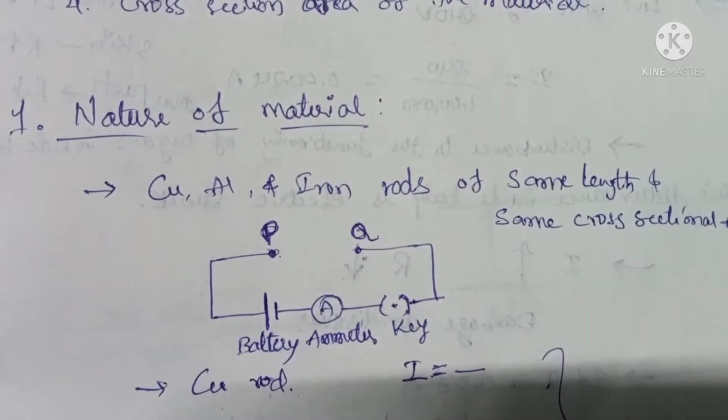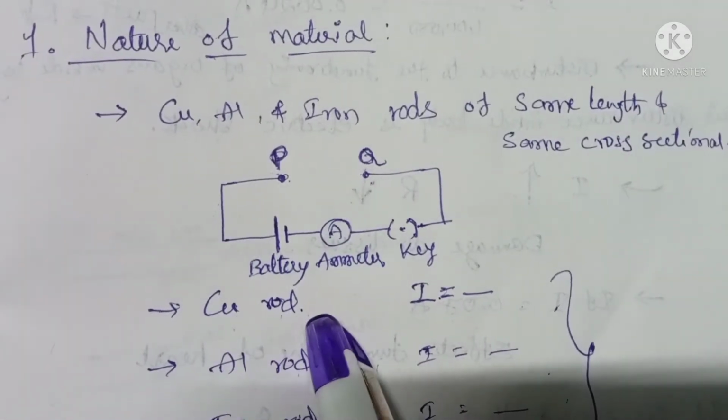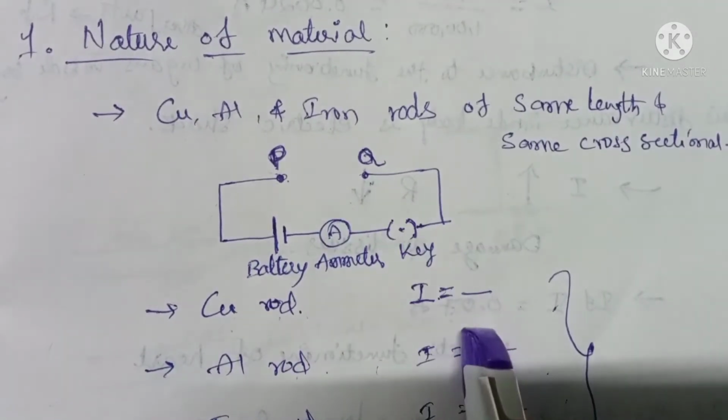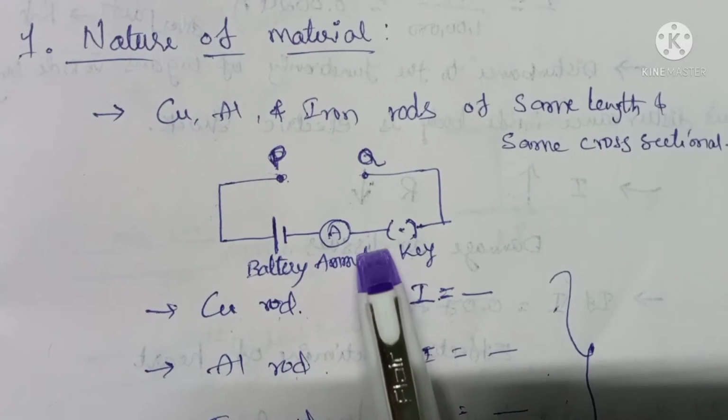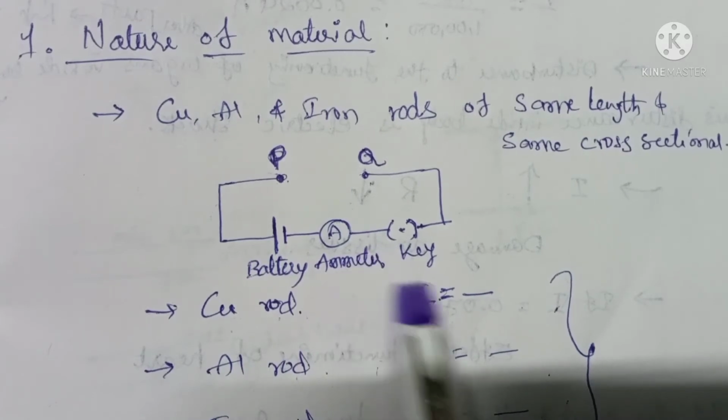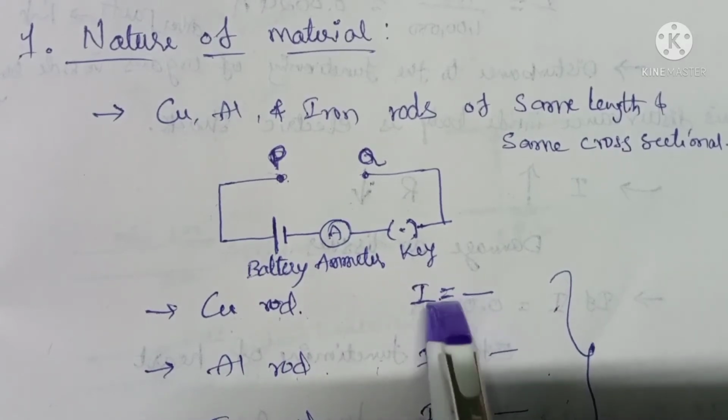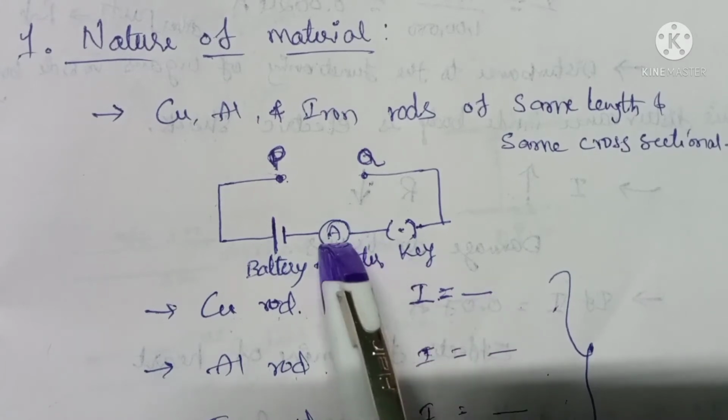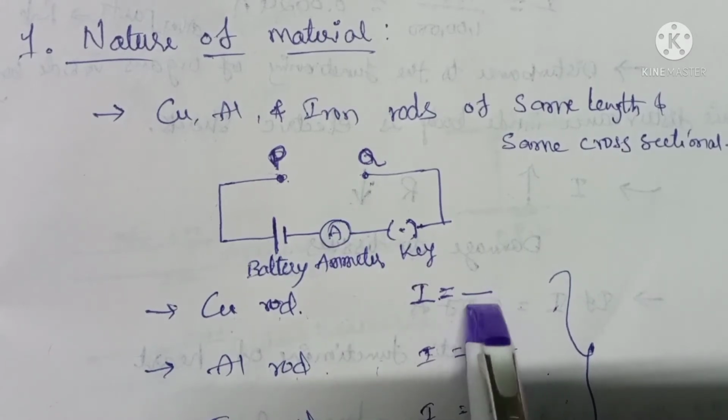Now connect a copper rod, switch on the circuit, observe the meter reading of the ammeter and note down the value of current.